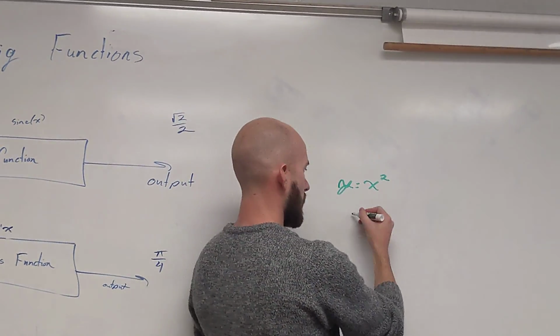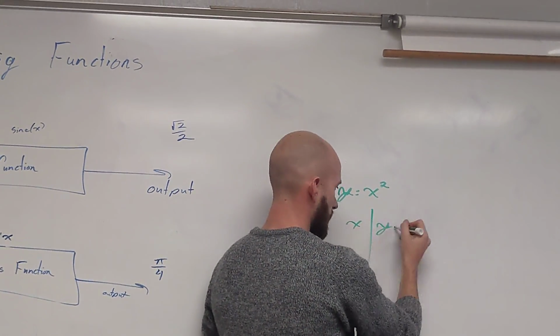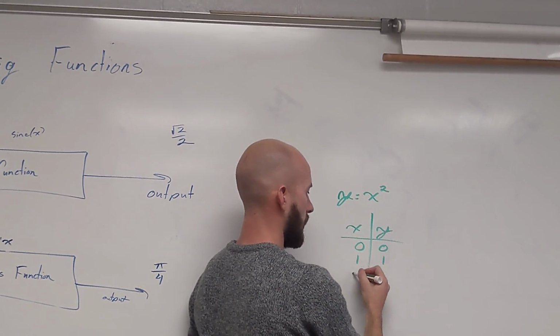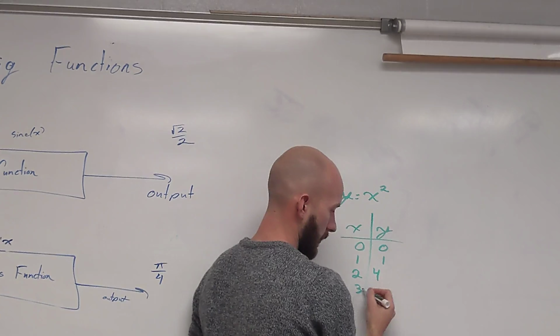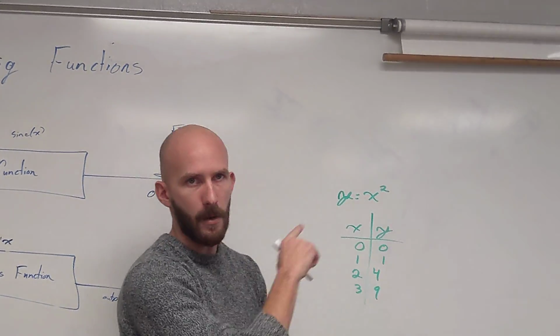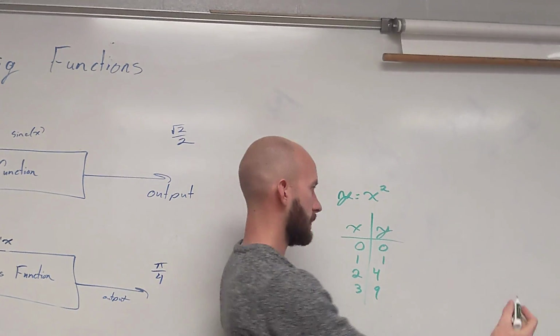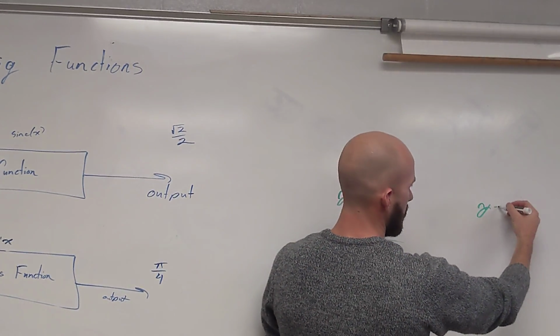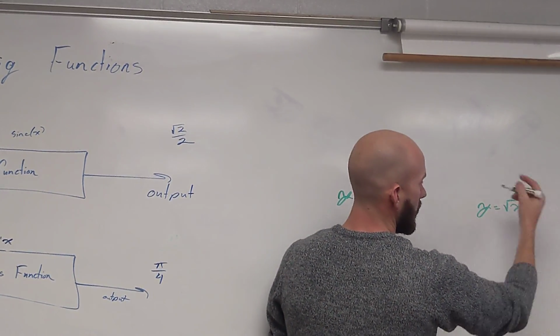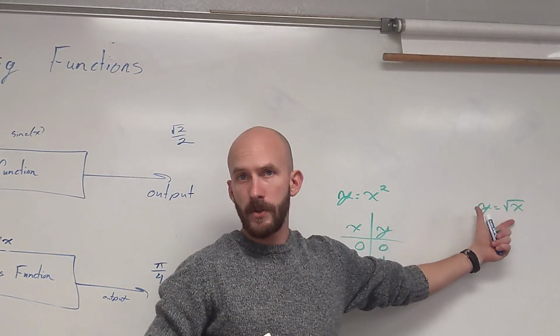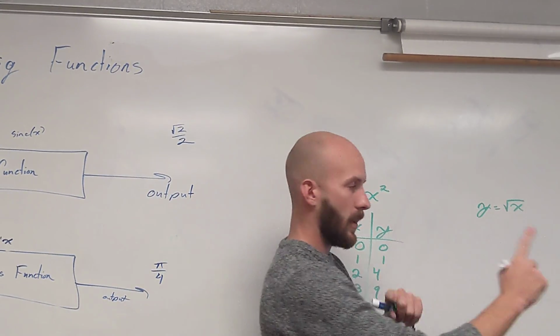If I put inputs in for x, so like 0 squared, my output's 0, 1 squared is 1, 2 squared is 4, 3 squared is 9, right? Inputs and outputs. The inverse of that would be y equals the square root of x, right? These two operations are inverses of each other, and they will undo each other.